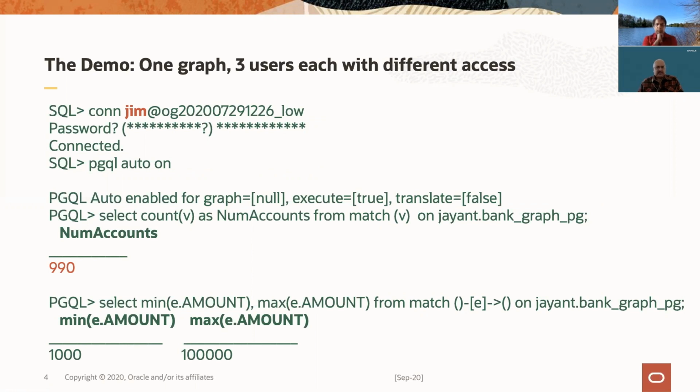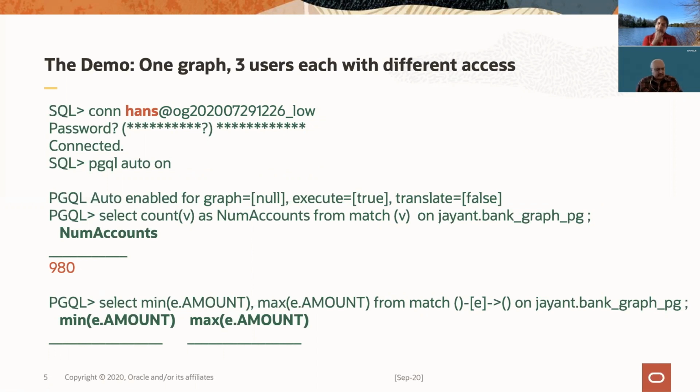The accounts are going to have 3 different classifications: highly sensitive, sensitive, or unclassified. So Jim can see only 990 of them. And the third user, Hans, has access only to the unclassified information.